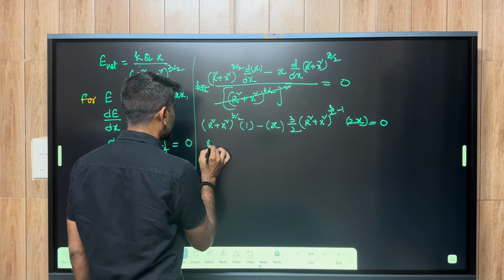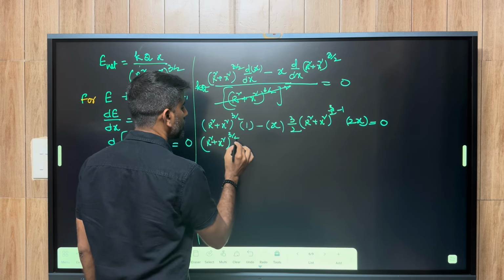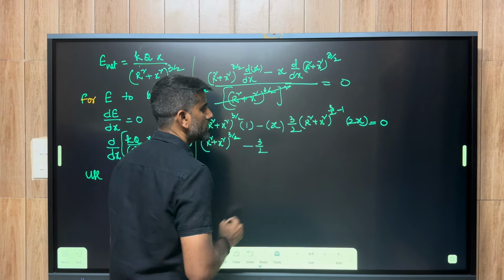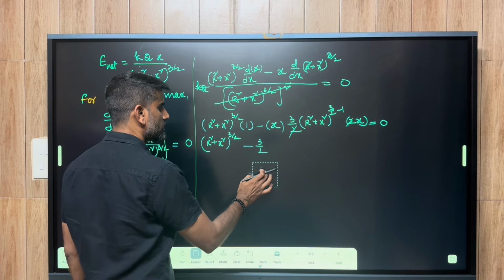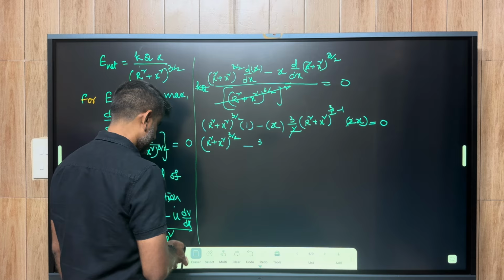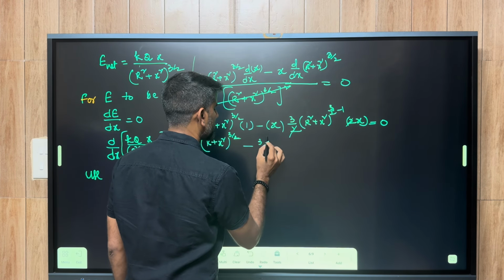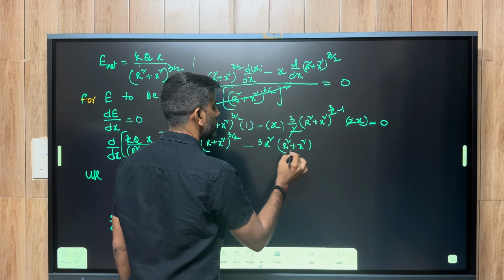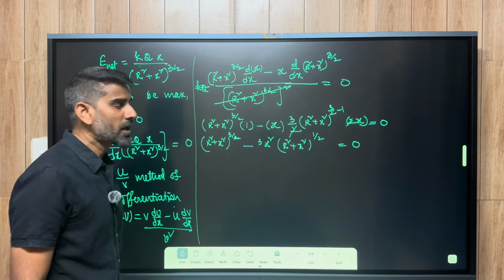Now here we have (r square plus x square) whole to the power 3 by 2 minus, we have 3 by 2 here, the 2 will get cancelled, we have 3x into x square, 3x square, (r square plus x square) whole to the power 1 by 2, is equal to 0.